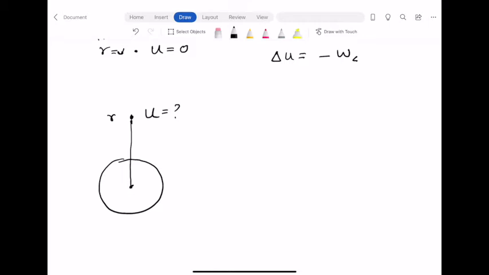All right. So we'll assume that the infinity is where the object started and it ends up at distance r from the center. So delta U would be U final minus U initial, so that would be U minus 0. And let's see how we would calculate the work done by the gravitational force. Remember, the gravitational force is always towards the center of the earth, right?